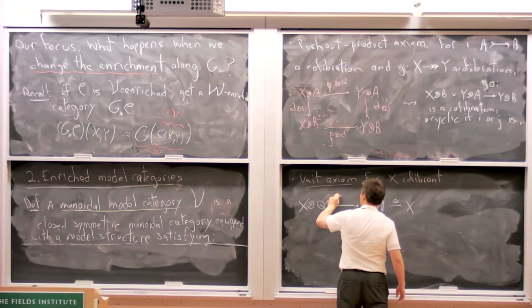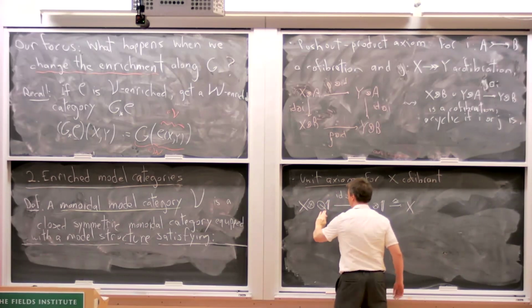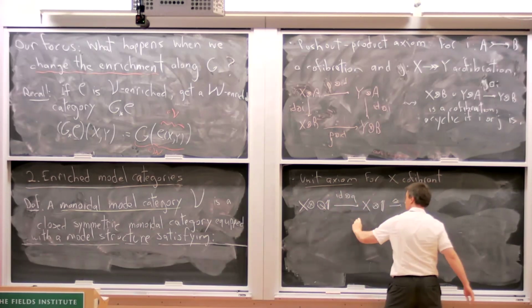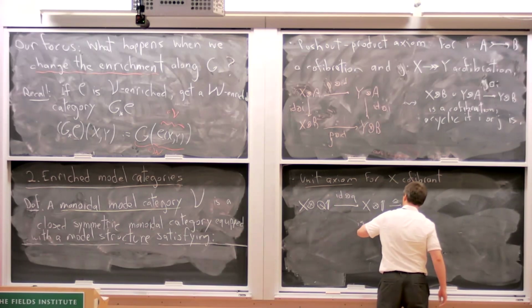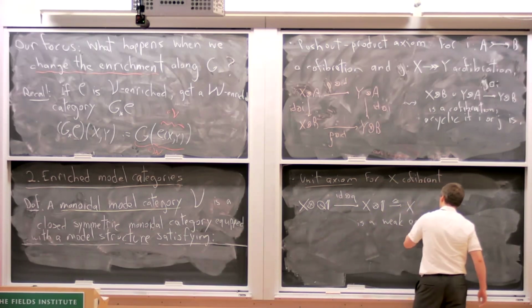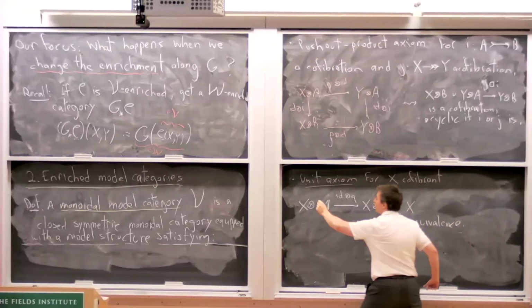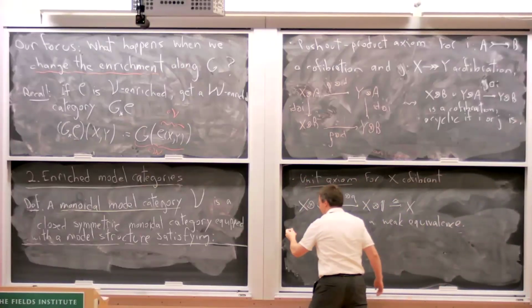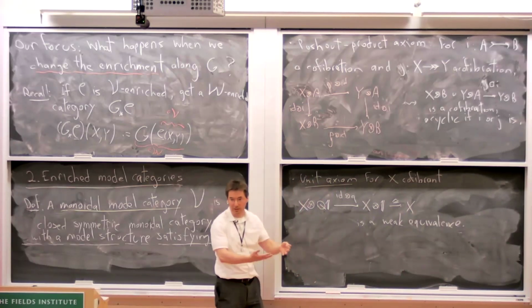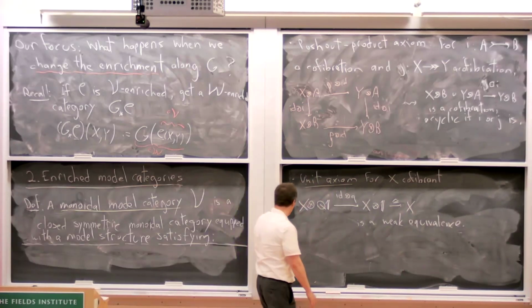And this was just the identity tensor the cofibrant replacement map for the tensor unit. All right, that's a monoidal model category, and many examples that you see in day-to-day life do satisfy this.